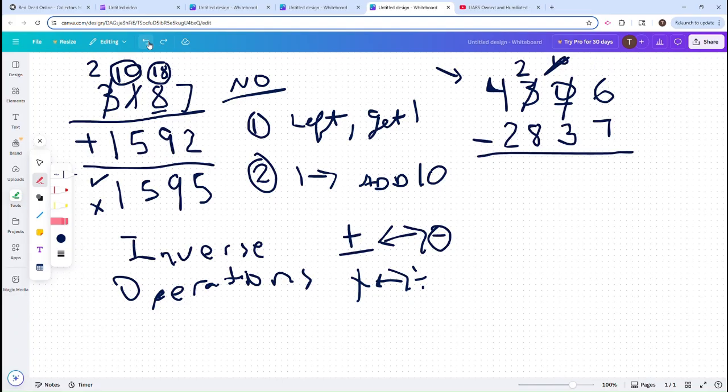One more time. We could not take 7 from 6. Physically, mathematically, it can't be done. So the rules say go to the number to the left and get 1. Now that means that number will go down 1.